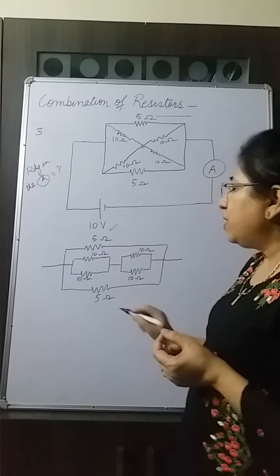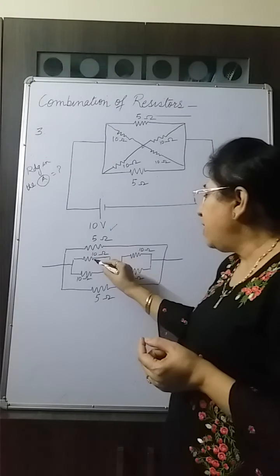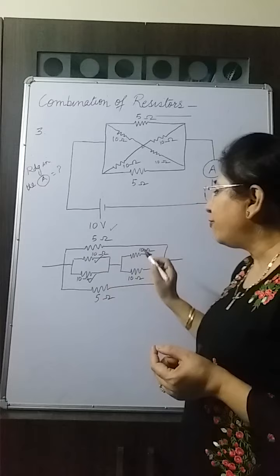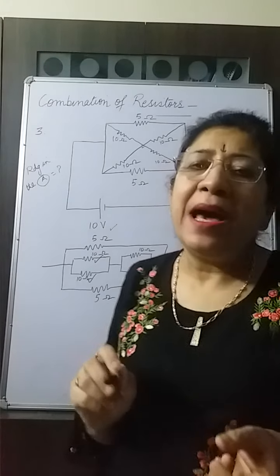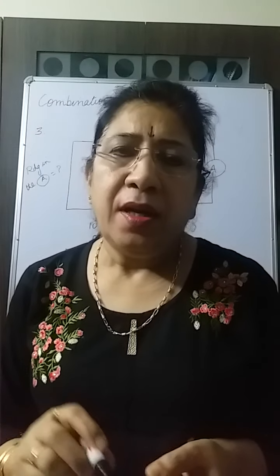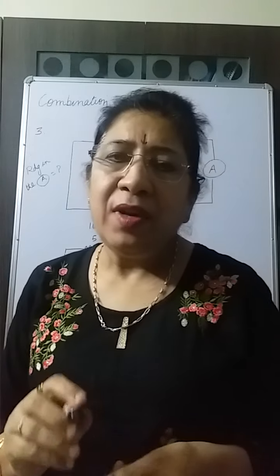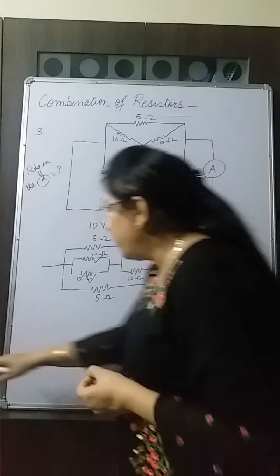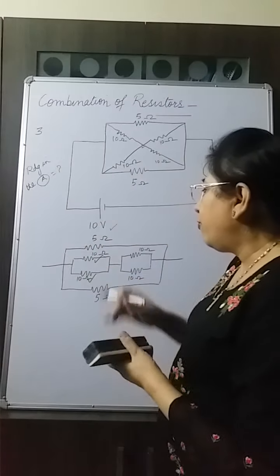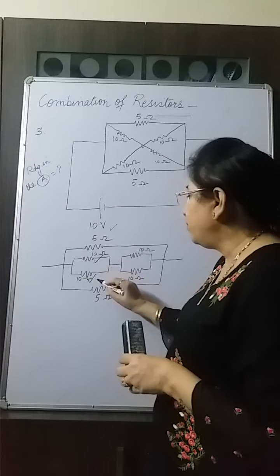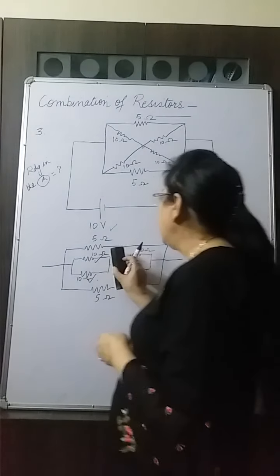So in this combination we can see we have two sets of 10 ohm in parallel combination. 10 ohm and 10 ohm in parallel will give us 5 ohm each. So this parallel combination of 10 ohm and 10 ohm becomes 5 ohms.